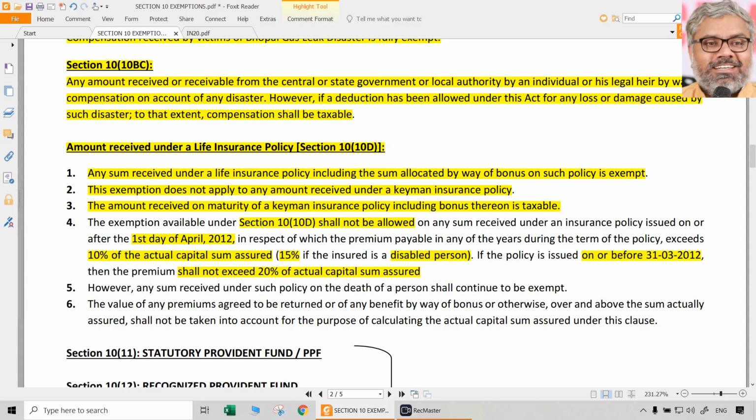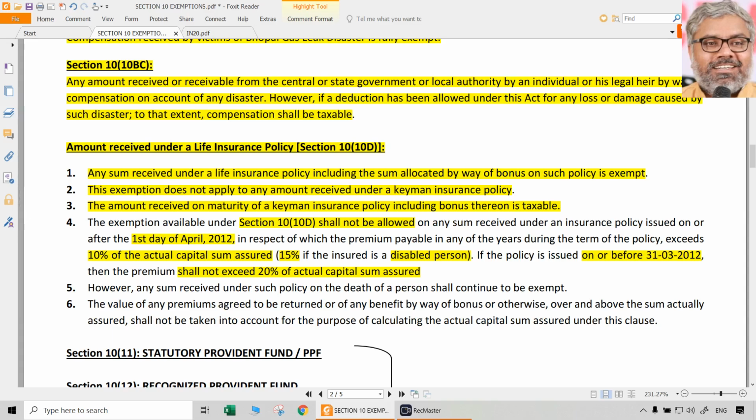So these are the 3 percentages you should remember, and the dates you should remember. Main date here is 1/4/2012. After that, how much can be the percentage of premium to the sum assured? 10% normally, 15% for disabled persons. Prior to 1/4/2012, the ratio of premium to the sum assured can be maximum 20%.